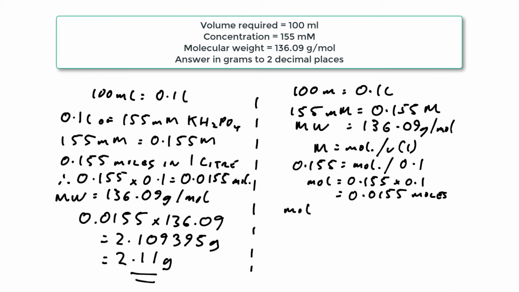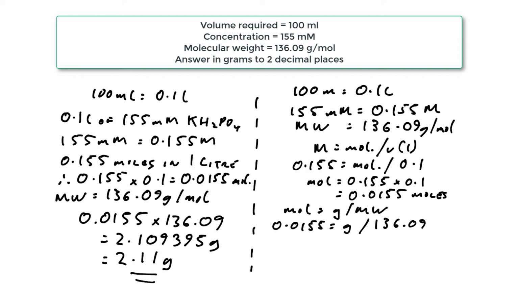Now the number of moles is equal to the number of grams divided by the molecular weight. Now we know that the number of moles is 0.0155, and this has to be equal to the number of grams, the thing we wish to find, divided by the molecular weight, which is 136.09.